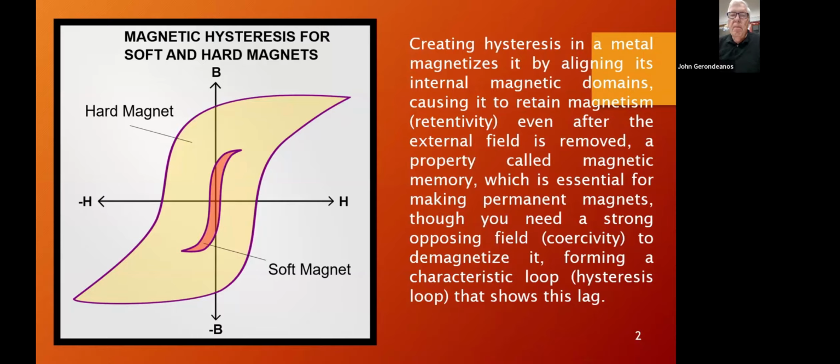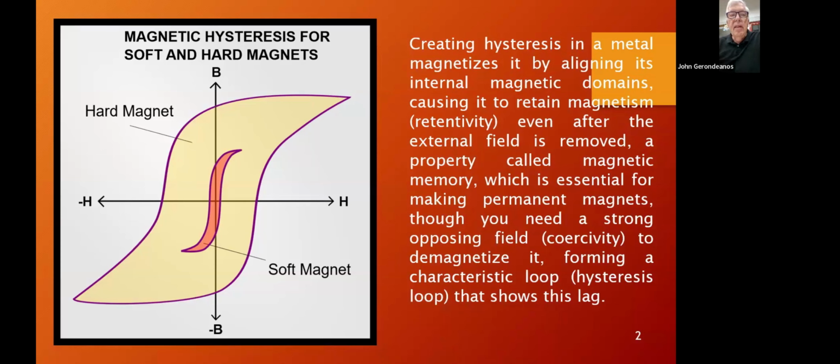And on this field, you have B and the H. The one is the magnetic field, and the other one is the flux. And basically, what it's really telling us is that if we magnetize a metal in a magnetic field, the soft metal will lose its magnetism and the hard metal will retain its magnetism.